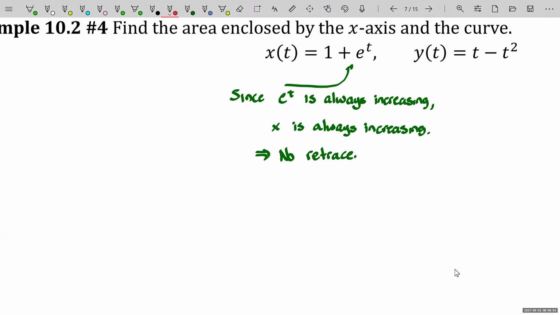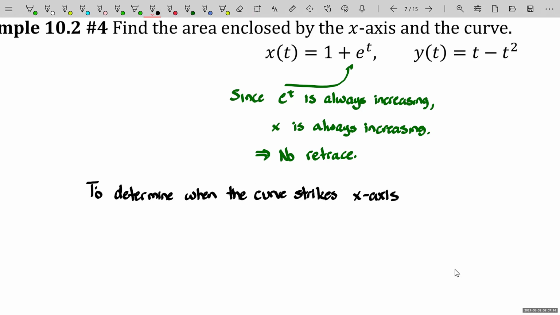So let me write that down. To determine when the curve strikes the x-axis, let y equal 0 and solve.